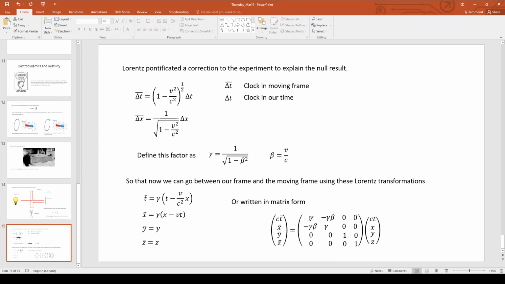And this is the Lorentz transformation matrix. So I want you to become familiar with these 4x4 matrices because we'll be using this and also tensor notation for the remainder of the course as we're talking about special relativity and electromagnetic phenomena in the context of special relativity.